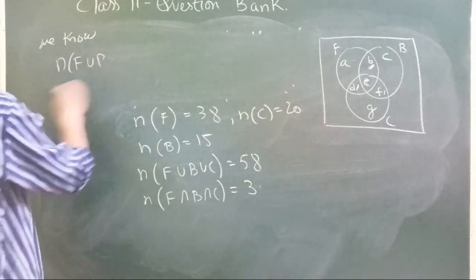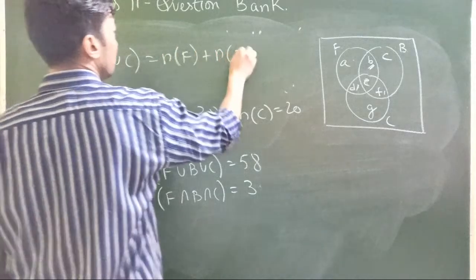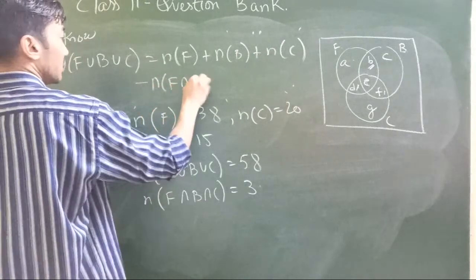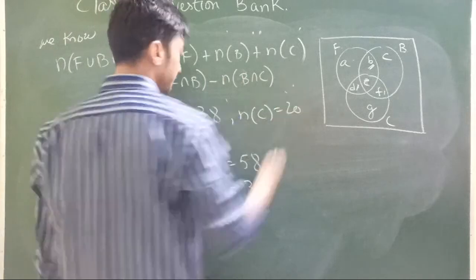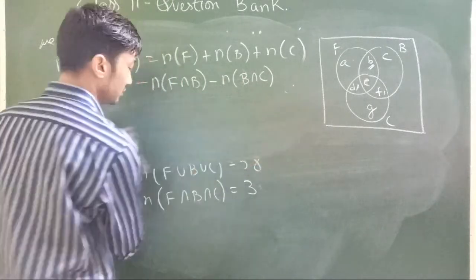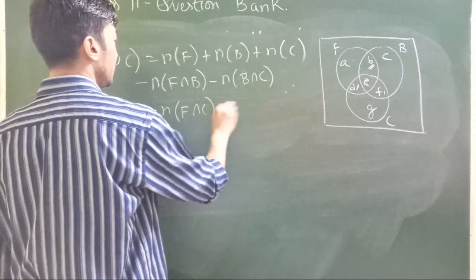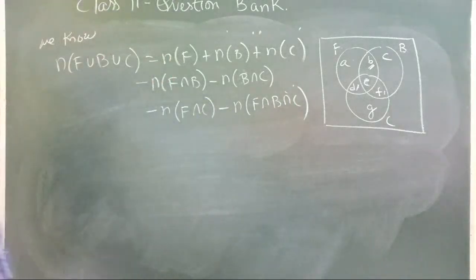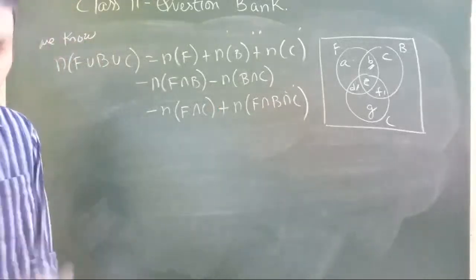F union B union C will be F plus B plus C, minus F intersection B, minus B intersection C, minus F intersection C, plus F intersection B intersection C. This is the addition theorem, the same type of theorem which we had for 2 sets.